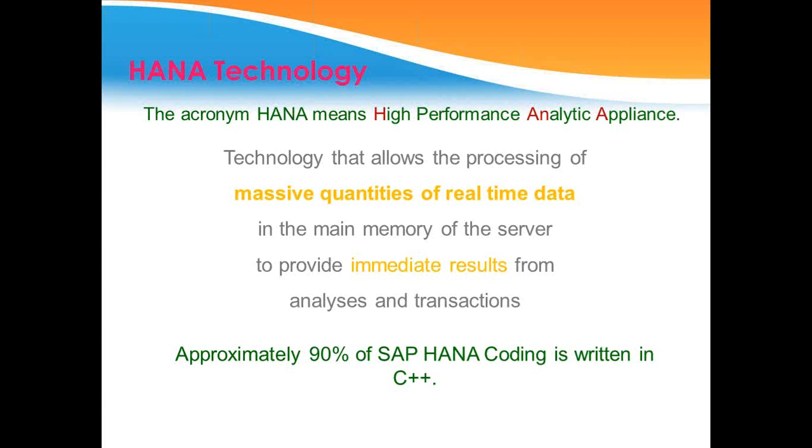So HANA is not only about the database, not only about the hardware technology, not only about the RAM, not only about the software. The combination of all is HANA.